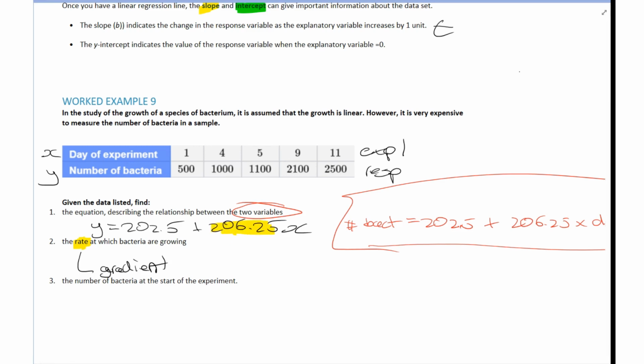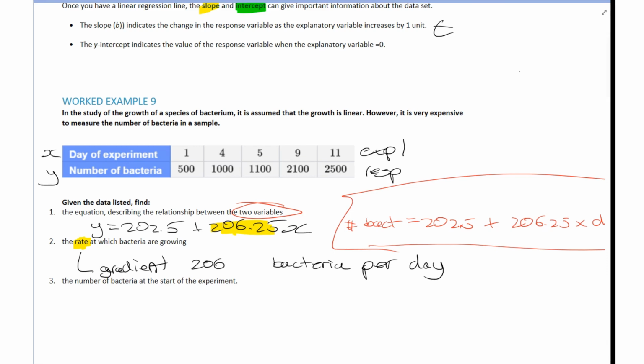So what it's saying is for every day I'm going to get 206.25 bacteria per day. Strictly speaking, you would actually get rid of the 0.25 and say it's 206. So there are 206 bacteria per day that are produced.